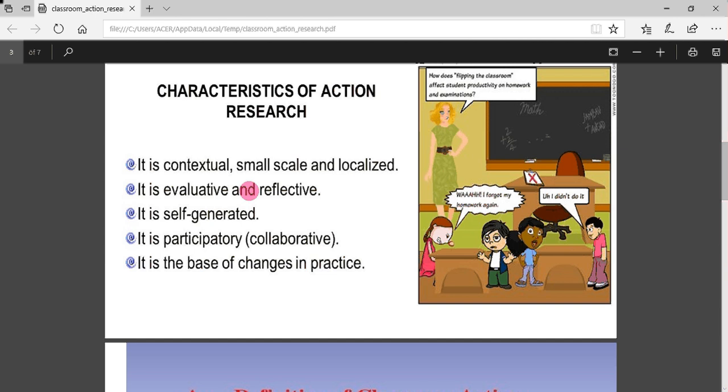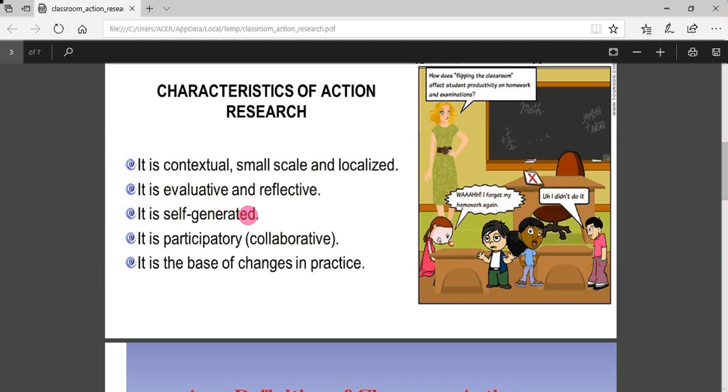This is reflective and self-generated. You as the teacher are the main actor in the classroom. So you yourself try to generate what the cause is, why, and so on.